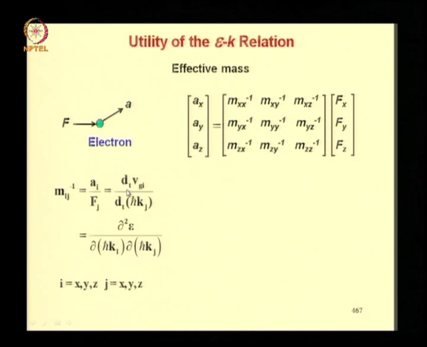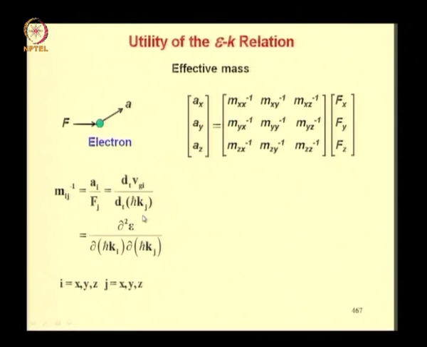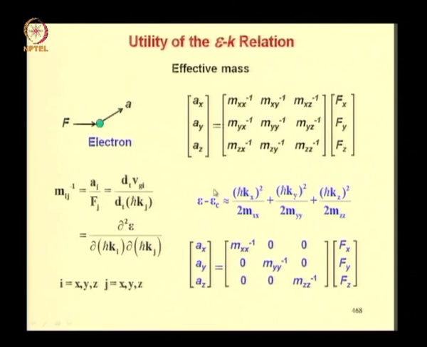Simplifying this formula results in a formula like this: ∂²E by ∂(h cross k i) into ∂(h cross k j), that is the reciprocal of the effective mass Mij. Now very often we assume that the Ek relation is parabolic, a paraboloid in 3 dimensions, right?